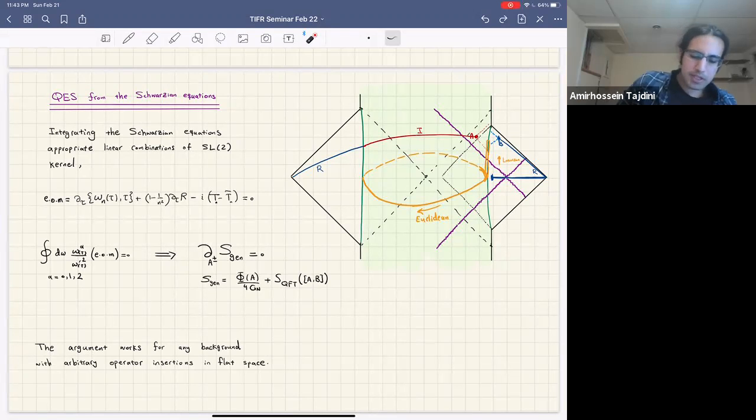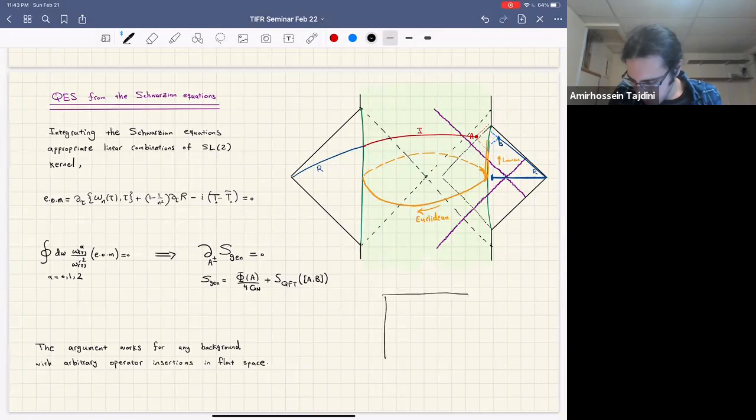Yeah, they're basically the same. I think in that case it's way easier.